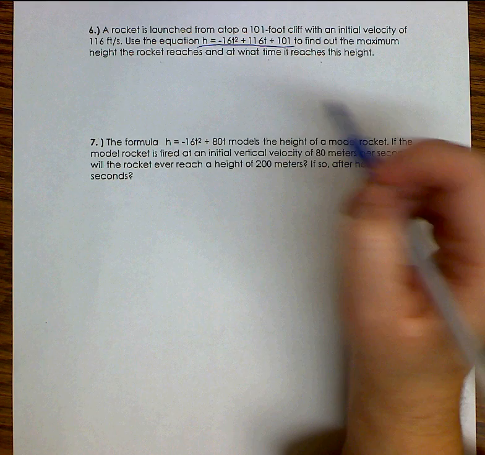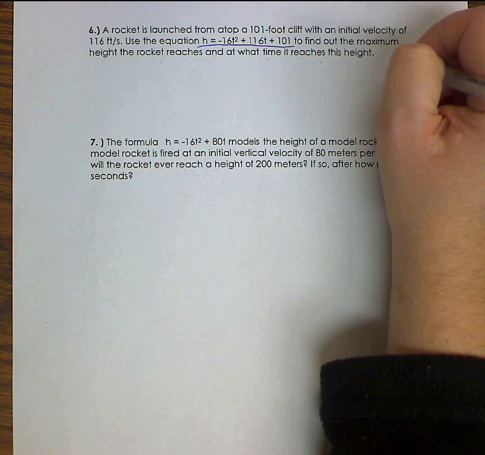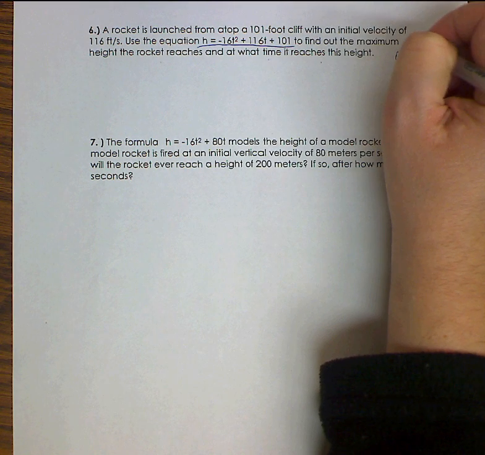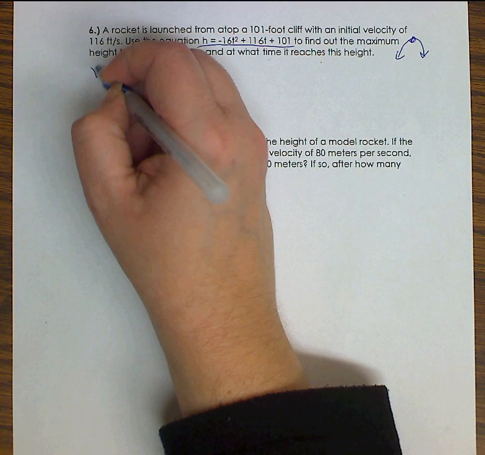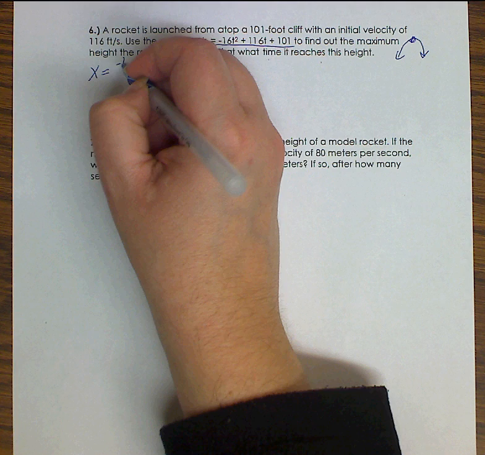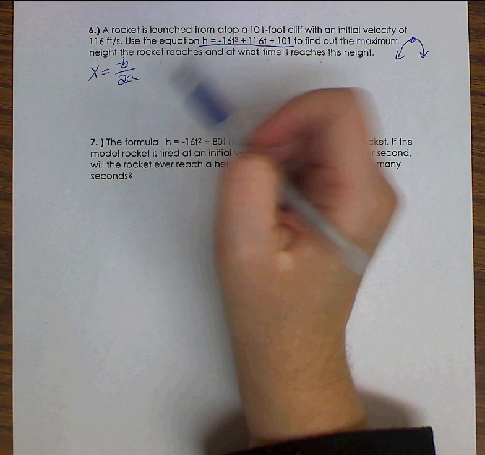So remember, the maximum of a parabola, this maximum point here, is given by the equation x equals negative b over 2a. Right? So what is the maximum height?